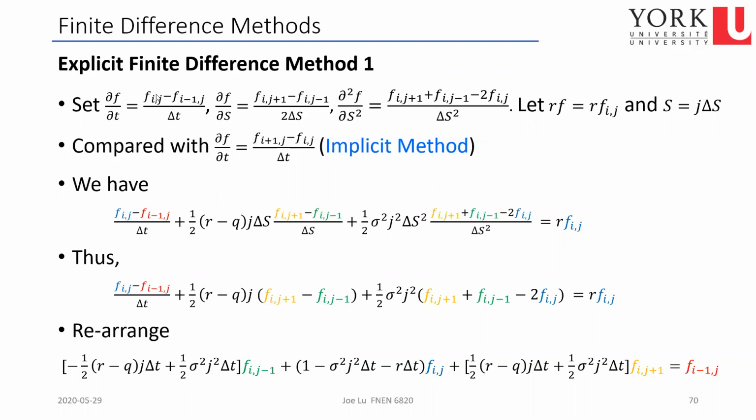So it's ij minus the one that is to the left of it, divided by delta t. In the implicit, it is the one to the right minus this point, divided by delta t.